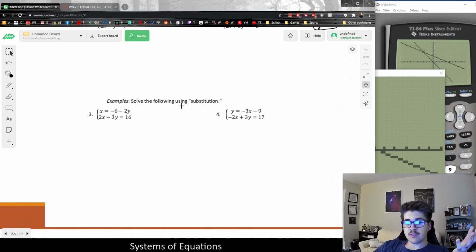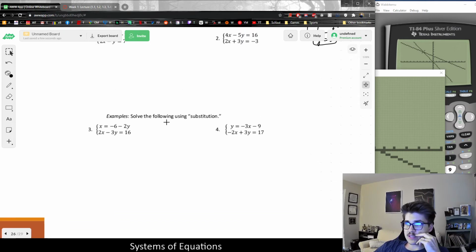And the goal in general, if we're trying to solve a general system of equations by substitution, is you always want to have it solved for either x or y to start with. And in any of those cases, basically the idea is you're always plugging one into the other. Because in number 3, the first equation says that x is equal to all this.